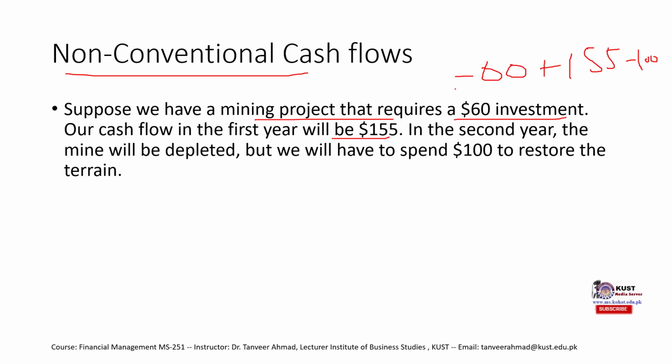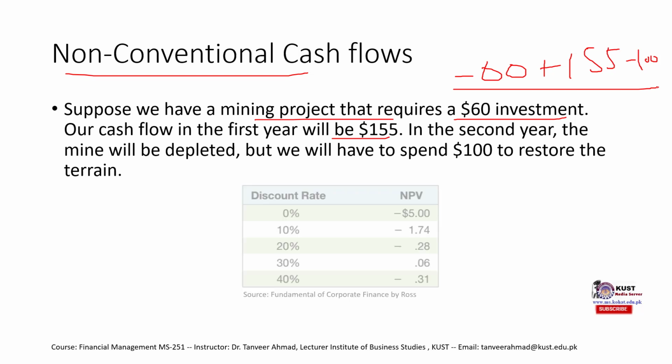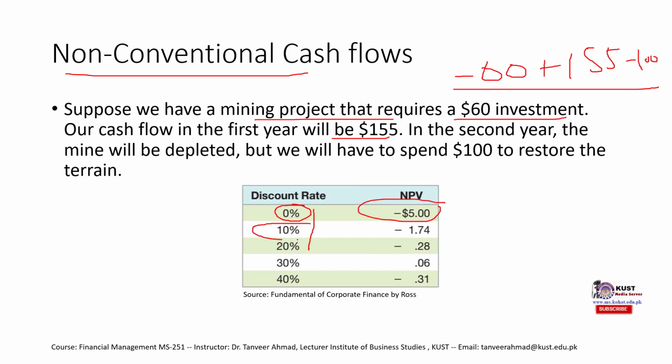So now you get this is a non-conventional cash flow, and in this case, what would happen to NPV if we increase the discount rate? If discount rate is 0, our NPV is minus 5. If we increase discount rate to 10, our NPV is minus 1.45. And if we increase discount rate to 20, it is minus 0.28. At 30, it turns out to be positive. So that means our IRR is somewhere between 20 and 30.